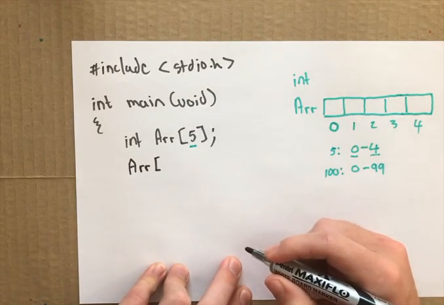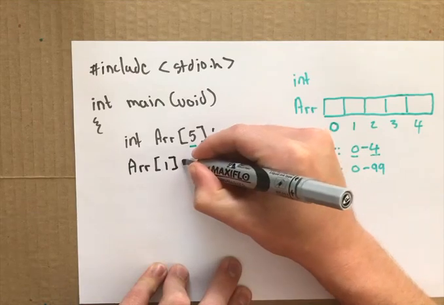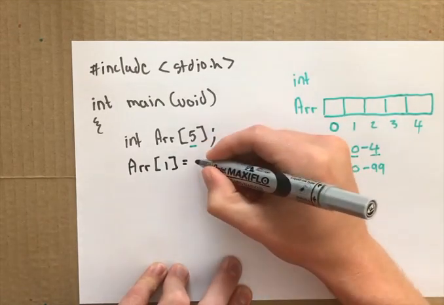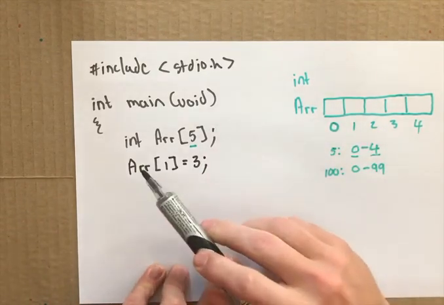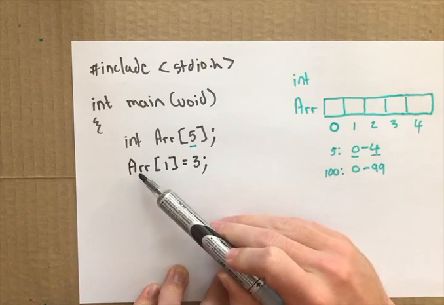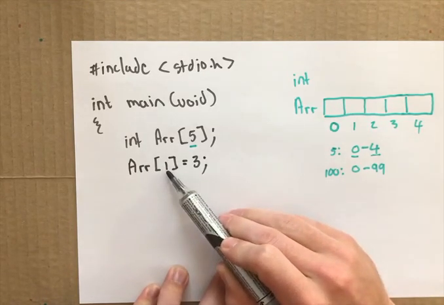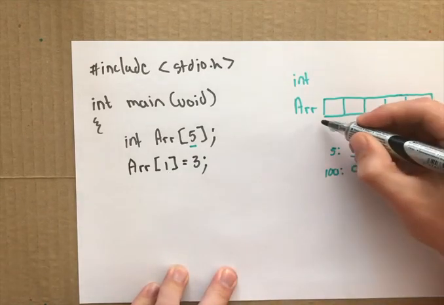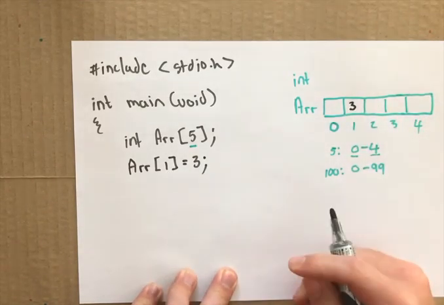So let's say at index 1, we want the value to be 3. So what will happen with this statement is, it will see array. Okay, so it will go to that specific array called ARR. Index 1, okay, we go to index 1, and the value is going to be 3.